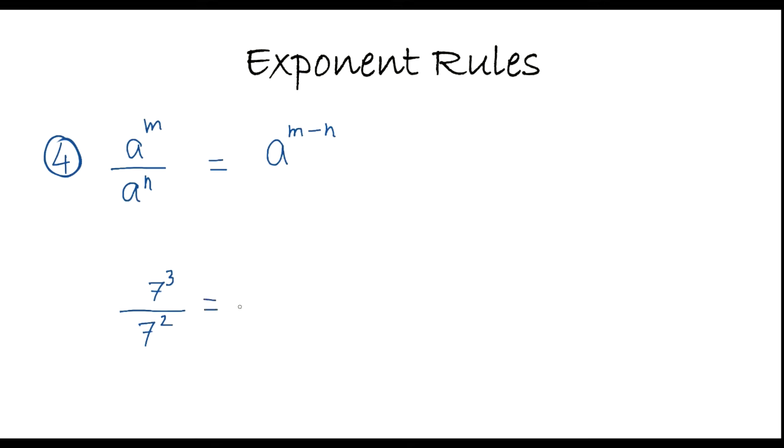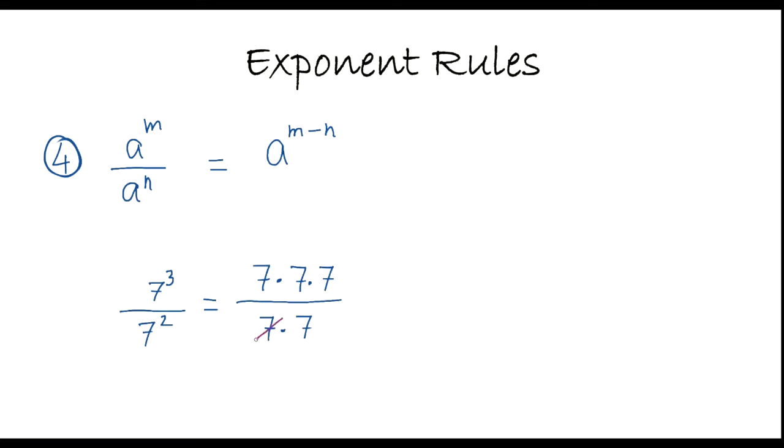Now we will expand both of the numbers. 7 cubed means 7 multiplied by 7 multiplied by 7. And 7 squared means 7 multiplied by 7. Now we have numbers up and down. We know that we can simplify here, right?